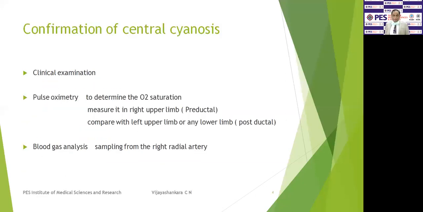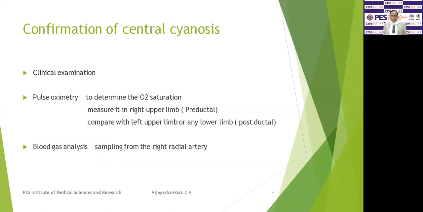Now, how do you confirm central cyanosis? By doing a clinical examination, about which I have already told you earlier. The other thing is you do a pulse oximetry and look at the oxygen saturation levels.